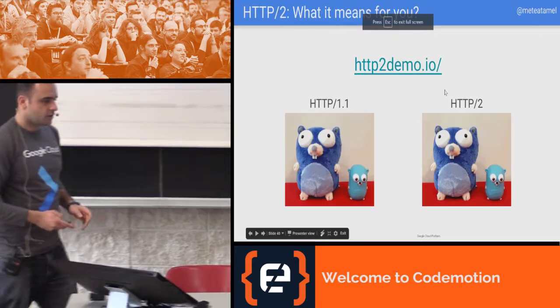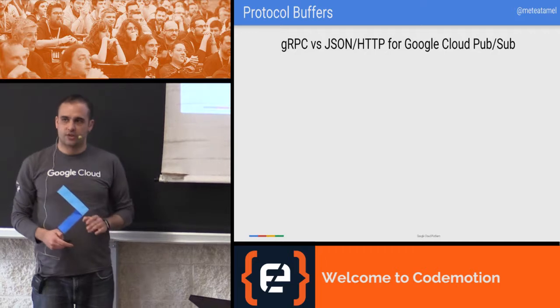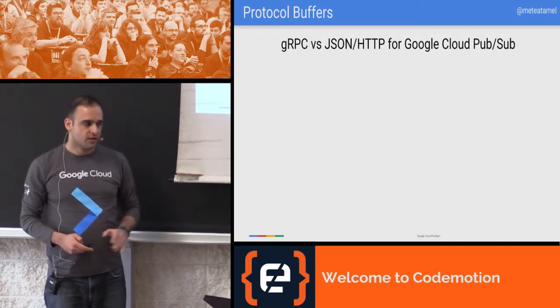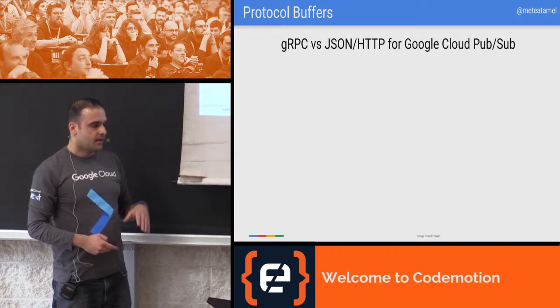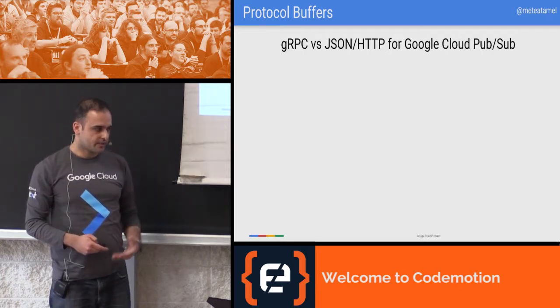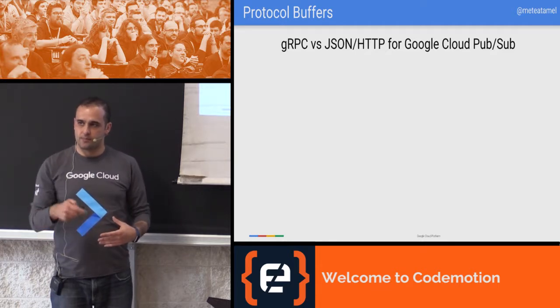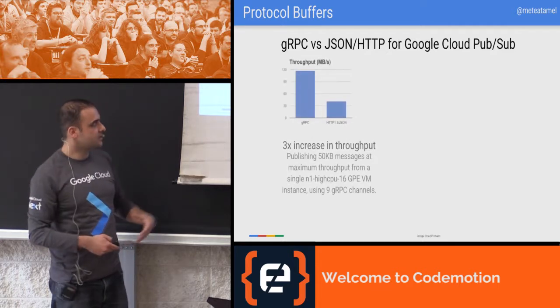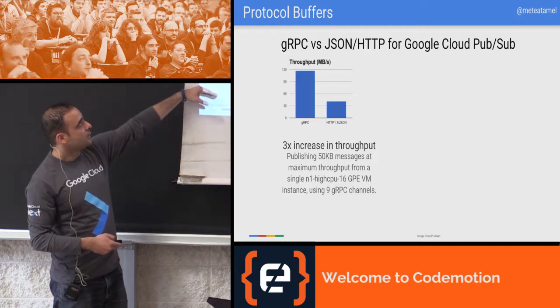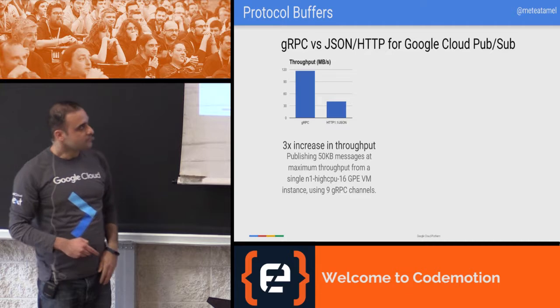All right, so this is HTTP 2, and now I want to talk about protocol buffers. I told you protocol buffers are really efficient. So just to give you an example, at Google Cloud, we are using gRPC for some of our services. We switched from a JSON-based endpoint to a gRPC-based endpoint, and these are the results. First, the throughput basically increased 3 times with gRPC.